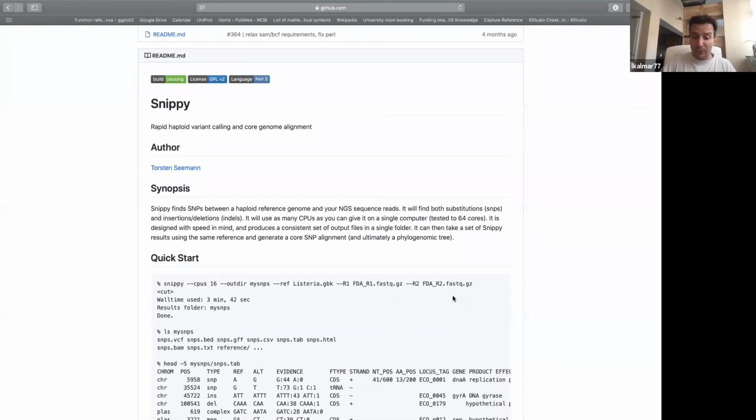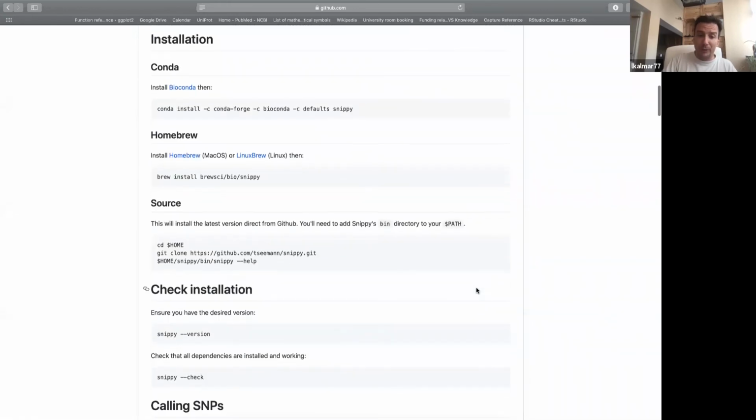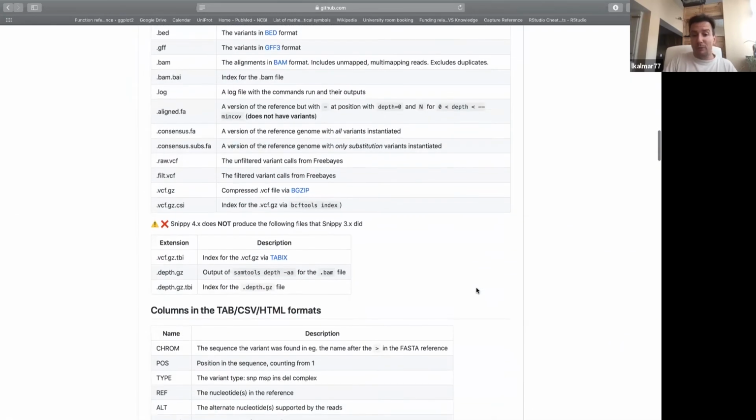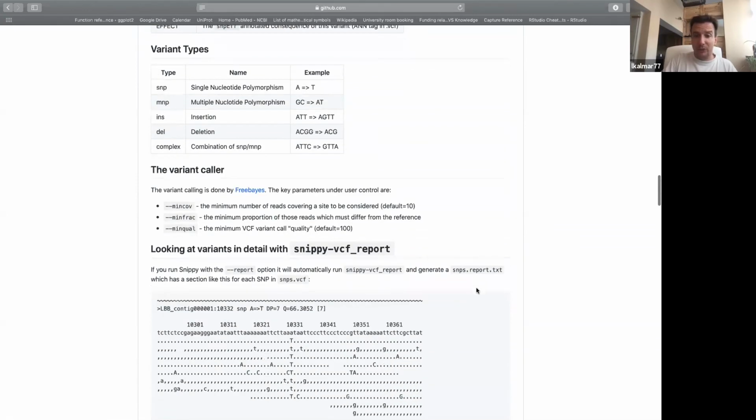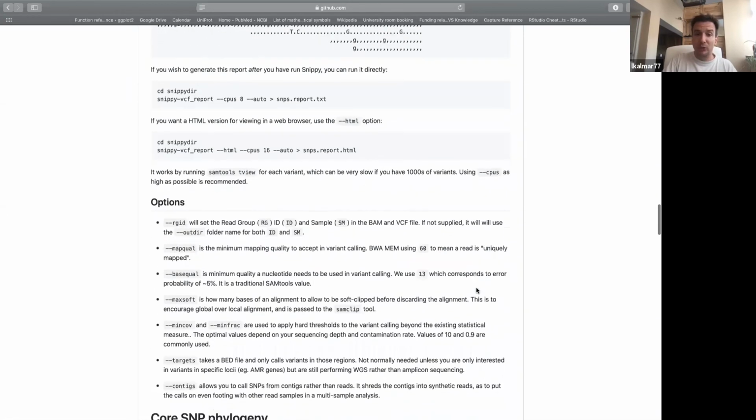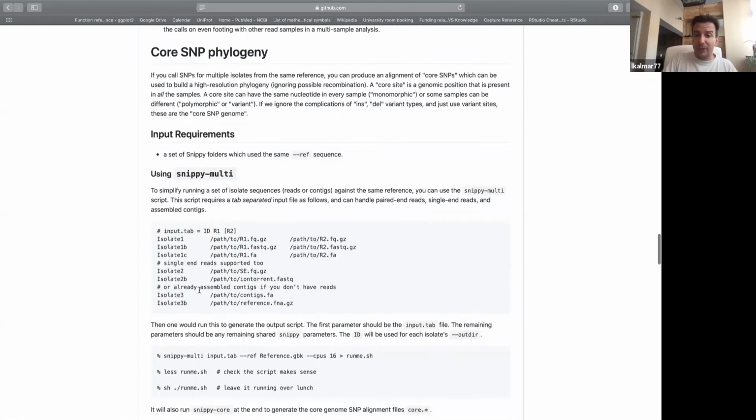If you remember, we used SNP for looking at the difference of one isolate's raw sequence data compared to a known reference sequence. But if you go down with SNP, you can also do it for multiple isolates. That's what you can do with SNP multi. It's actually the same thing you would do with a single isolate.